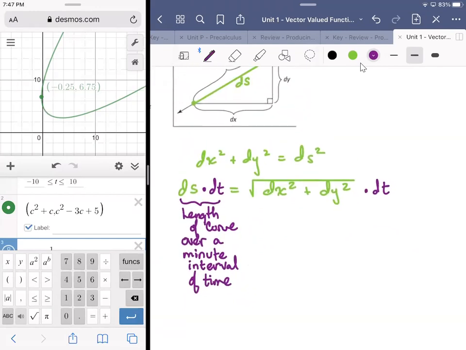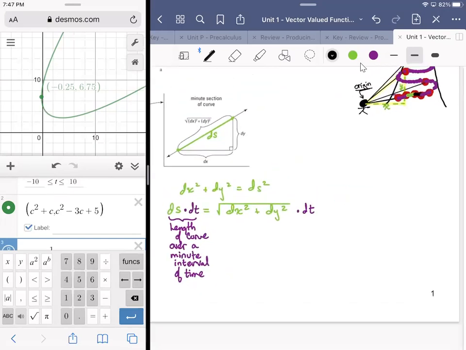All right, so we would get that minute interval of time, ds dt, and we can redefine that as some new variable. Like we have a lowercase s here, so we can call it an uppercase S. We can call it something else if we want. But what that allows us to do is to say, you know what, I want this to be a collective interval. So that's one way of handling it.